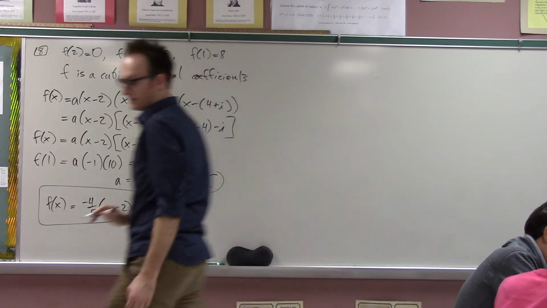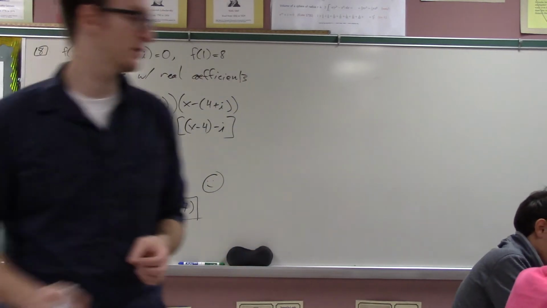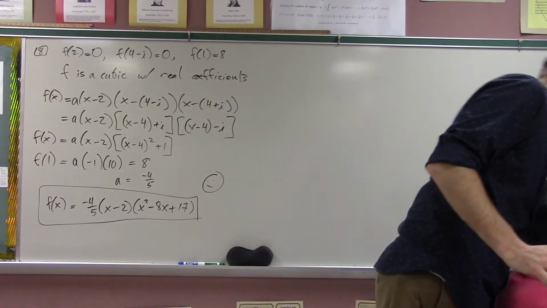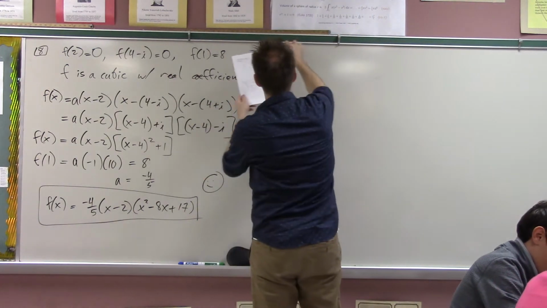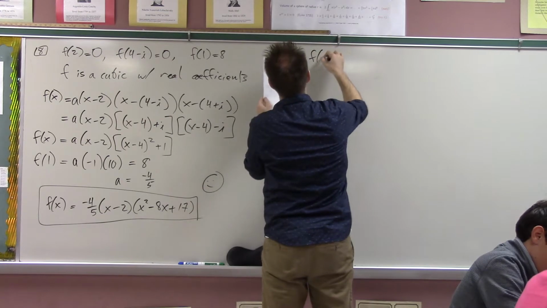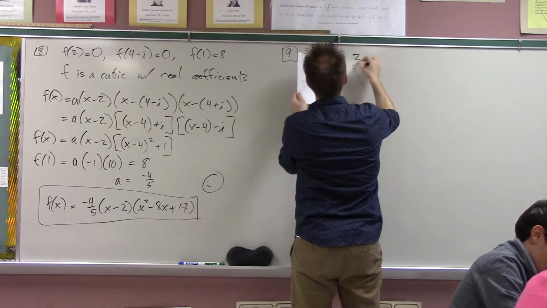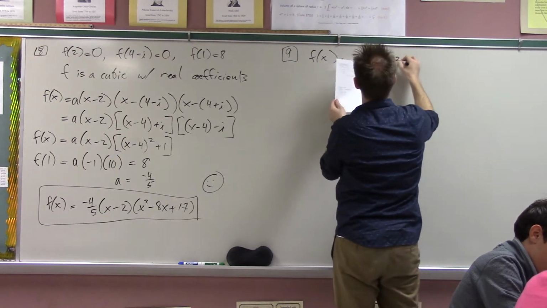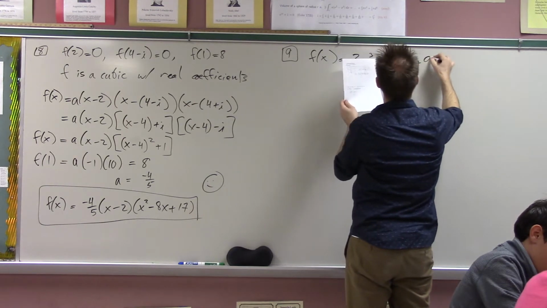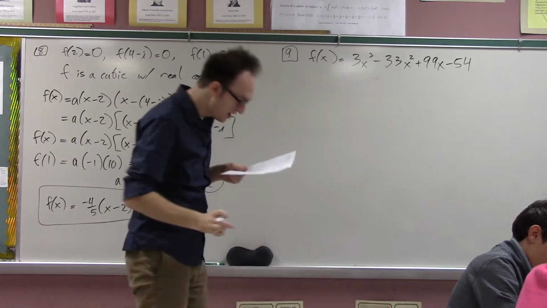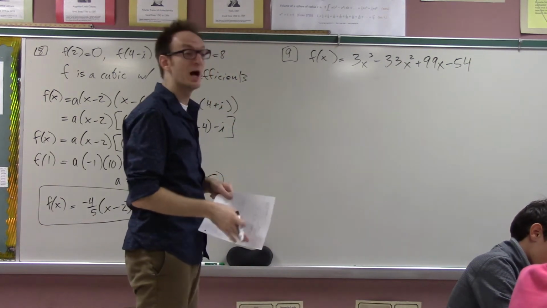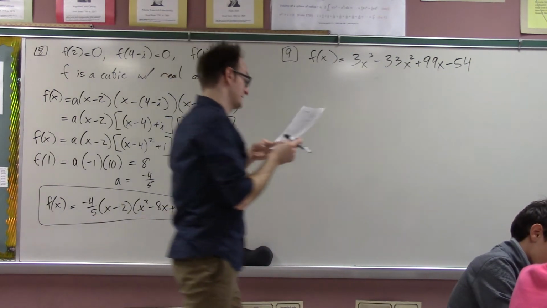Okay, good. Then the last problem, can I have this for a second? Here, this is the part that period 8 is not going to understand because I didn't teach them this yet. So 3x cubed minus 33x squared plus 99x minus 54. Okay, so first of all, let's talk about the problem.